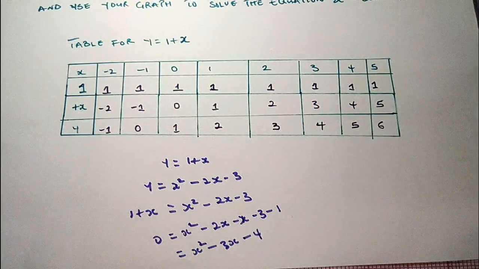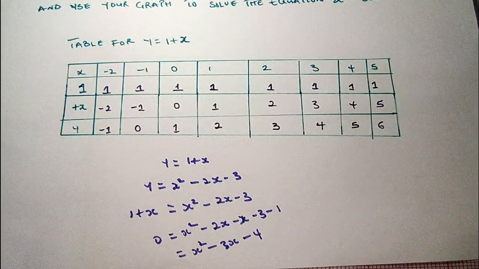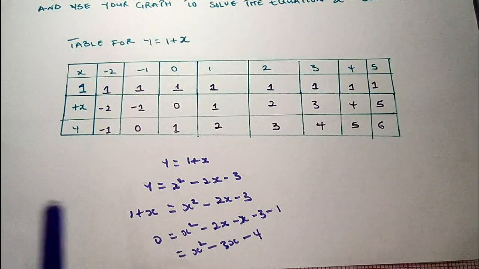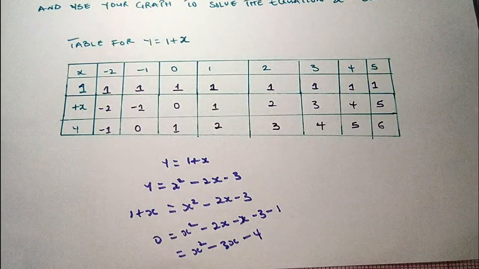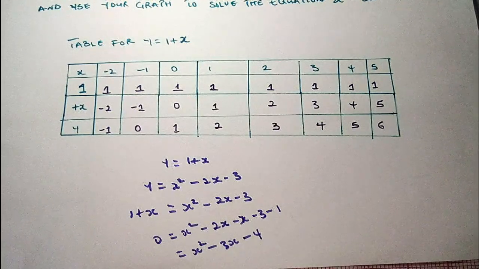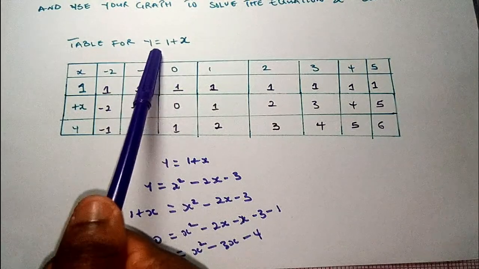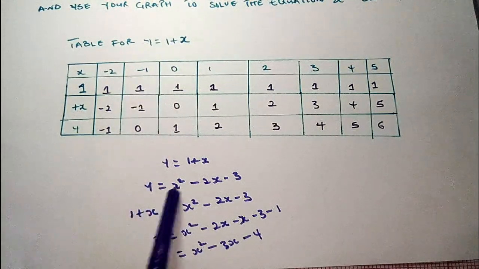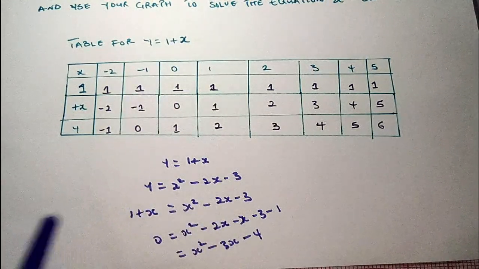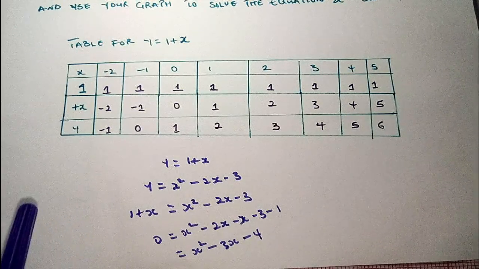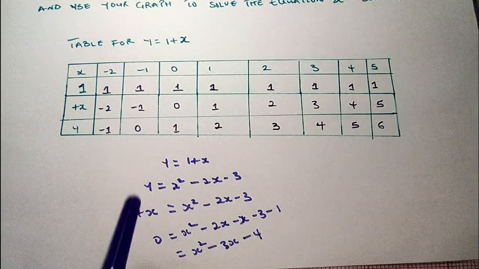So for us to find the roots of any equation, we're going to look at how the curve cuts the x-axis. But for this one, because of the combination of the linear graph and the quadratic, we're going to look at where the curve cuts the linear graph.